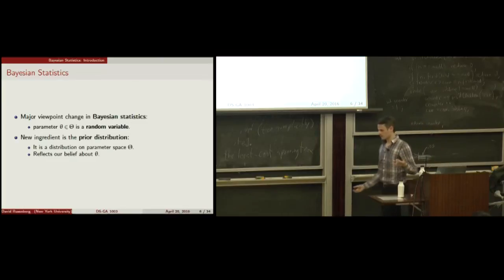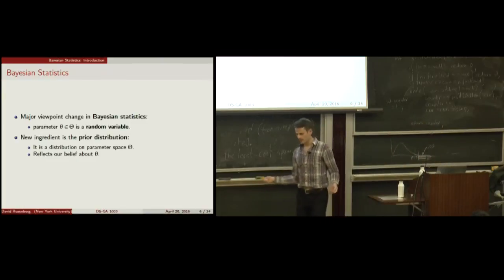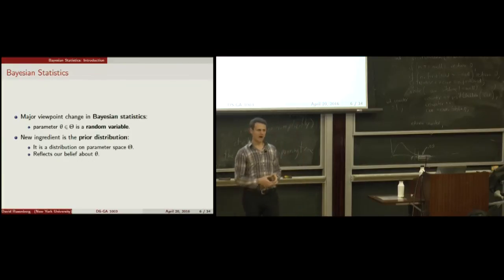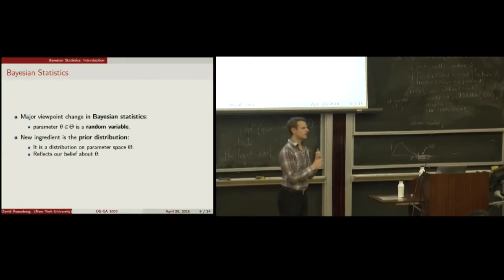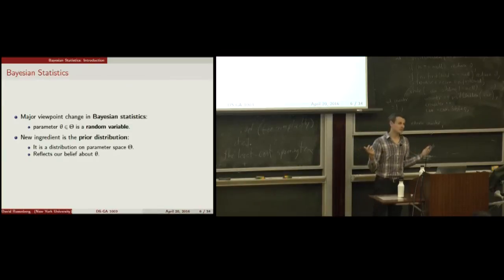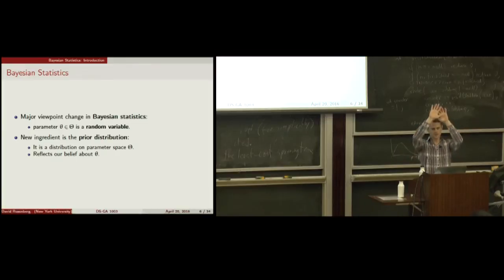So for instance, if someone gives you a coin and they say, well, figure out the probability of heads. Well, we have a good prior belief that the probability of heads is going to be something close to a half. Right? We're going to be very surprised if it's 0.9 or something. So our prior might be like, okay, the probability of heads is most likely within a certain small range of a half, but maybe there's a small probability that it's really far from a half.